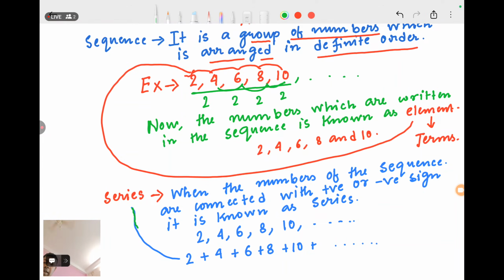When we connect the numbers with the plus sign, it represents a series.